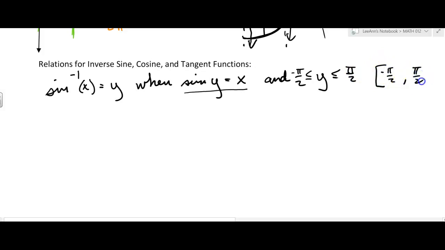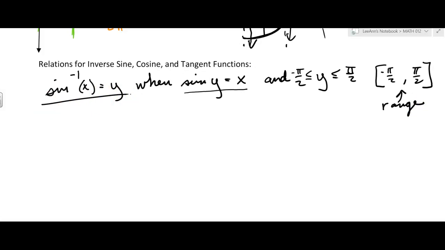Now notice this time we have the square brackets unlike the tangent curve, okay? And that's going to be then the range, right? For inverse, okay? I'll try to write the next one better.